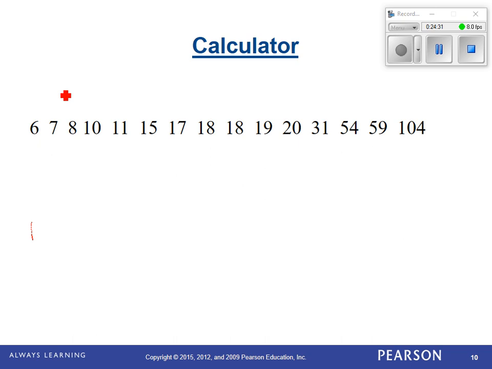And then when we get up here, somebody help me out, what's 4 divided by 15? 26.